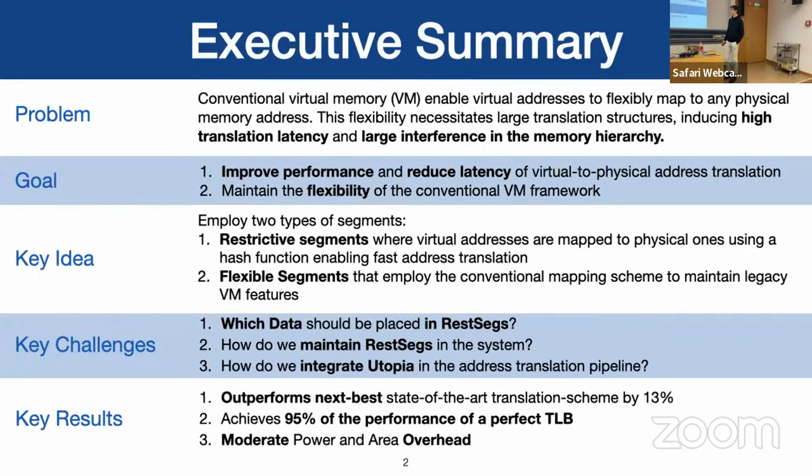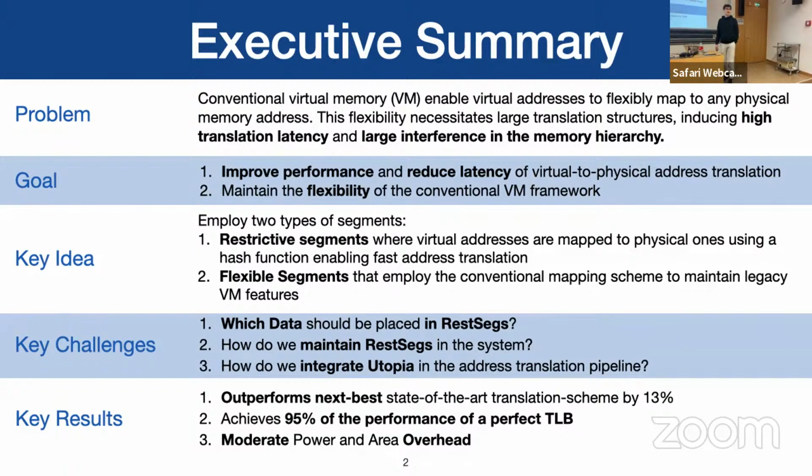We'll see right away that the problem which Utopia is tackling is the same problem as with Victima: the address translation latency from conventional virtual memory and also the large interference in the memory hierarchy. The goal is to improve the performance and reduce the latency of virtual to physical address translation.